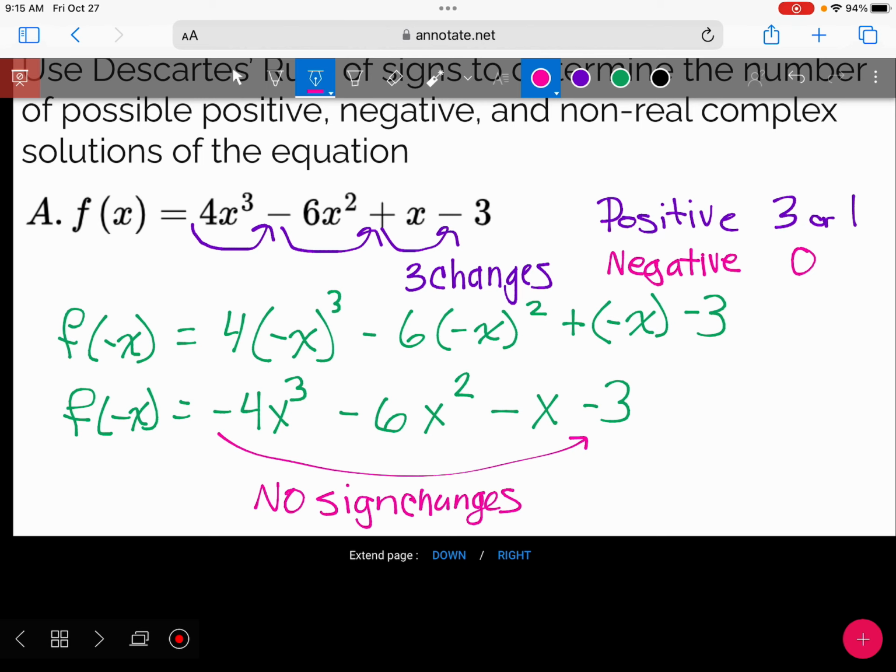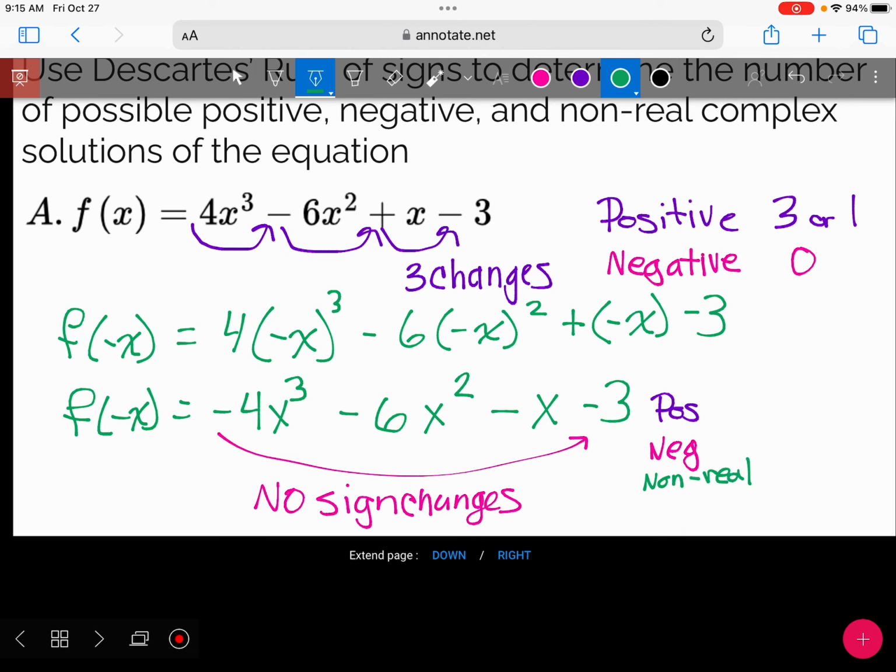So then what we're going to do is list out all the possible options for the ways we can set up our roots. Our zeros are either going to be positive or negative or complex, like imaginary. I'm going to put non-real.